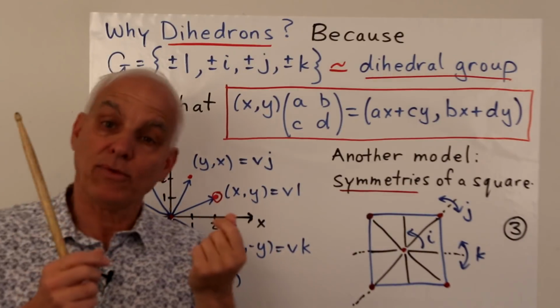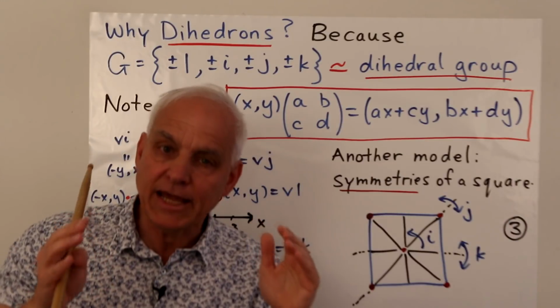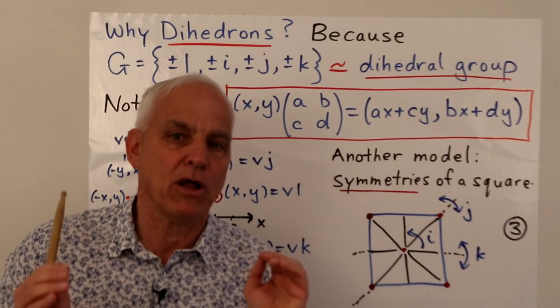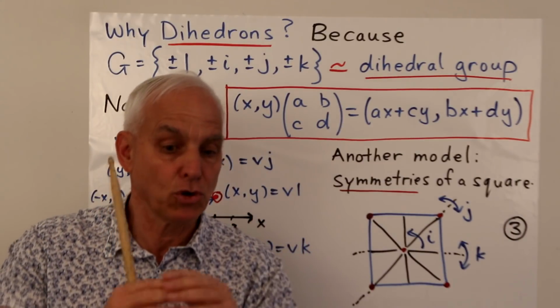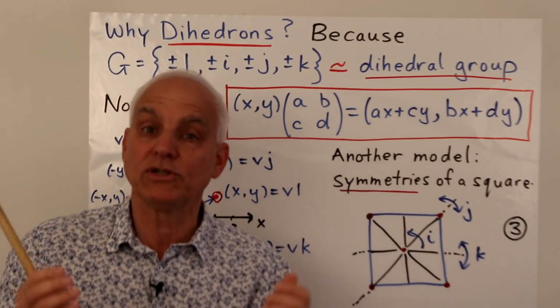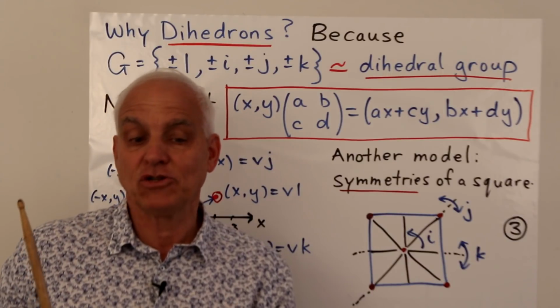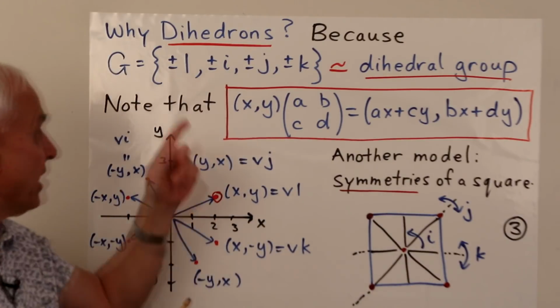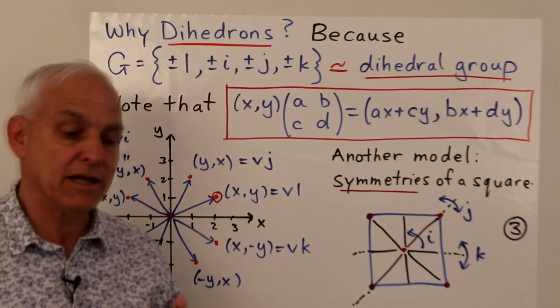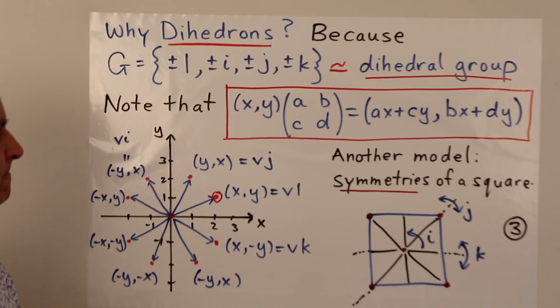And when you look at the relations that I showed you on the previous slide, you see that these 8 are closed under multiplication. So we just look at this as a set under multiplication. It's closed under multiplication. And in fact, it turns out to be a group with identity, this thing here, and inverse elements, which you can deduce from the relations.